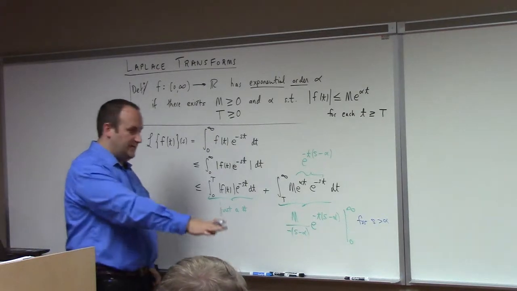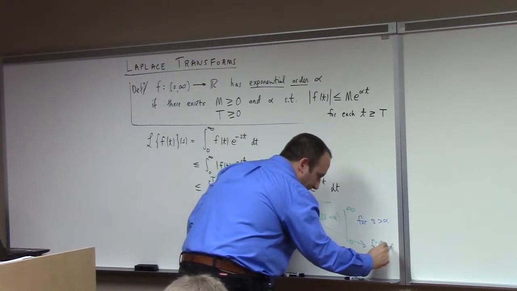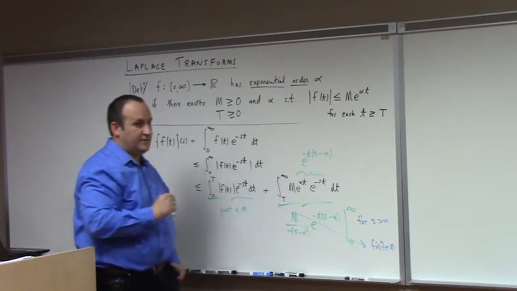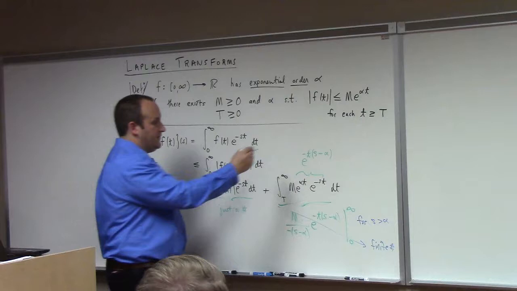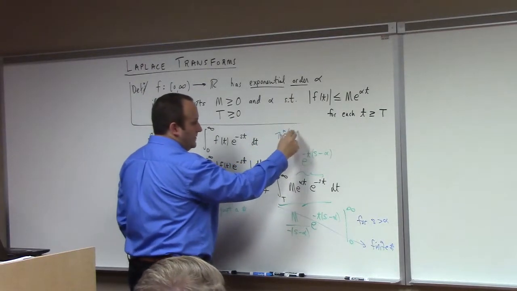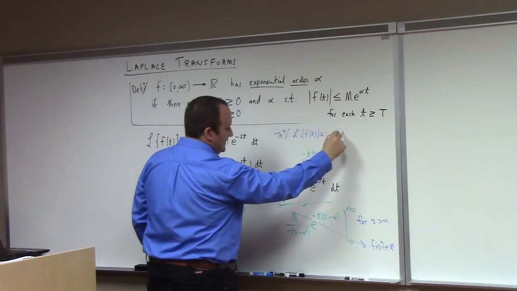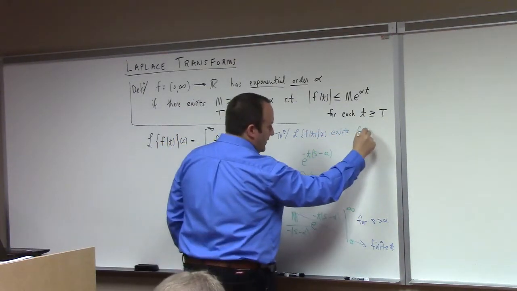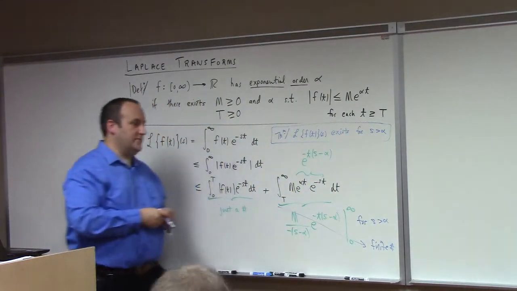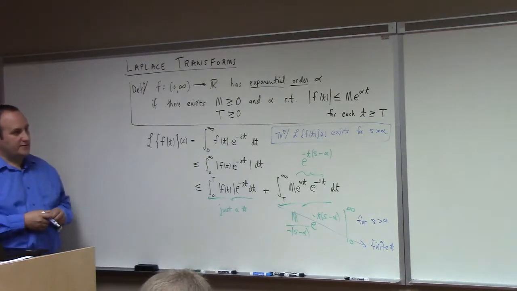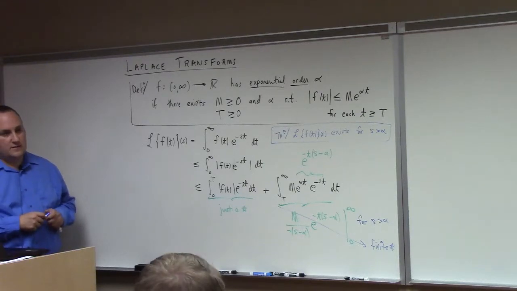So again, this is a finite number, provided that s is greater than alpha. And so there's the theorem. The Laplace transform of f of t of s exists for s greater than alpha. If we have a function with exponential order alpha, then we can be assured that its Laplace transform exists, provided that we have s greater than alpha.